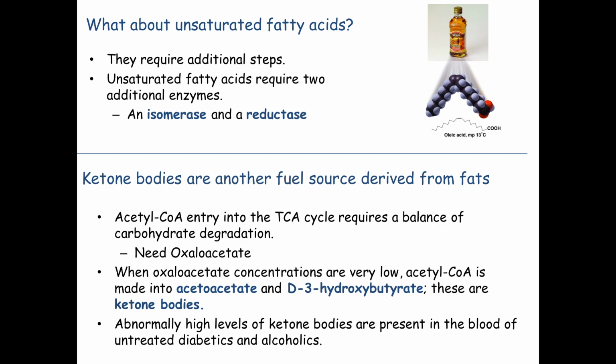So the other situation where you have a lot of acetyl-CoA compared to sugars is uncontrolled diabetics. So in the case of a diabetic, there's lots of sugar, yes, but it's in the blood. From the cell's point of view, there's very little sugar around. It can't get in the cell. So from the point of view of the cell, an alcoholic is a lot like an uncontrolled diabetic.